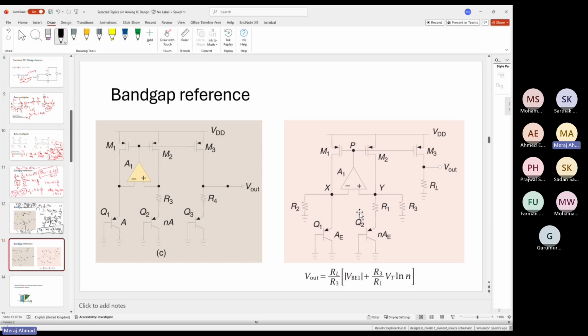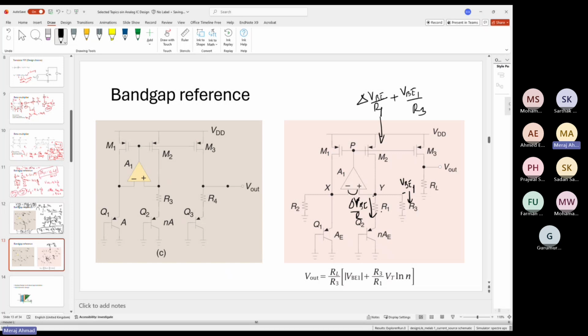So if I can quickly show, how much current is going here? It is delta VB by R, and this is a virtual short. So this current is VB by R, or the VB1. Now in this case, your current is VB by R1 plus VB1 by R3.